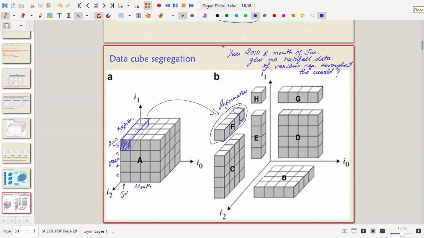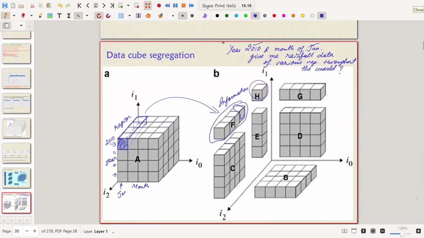Maybe you can say, which state do you want me to refer to? Palakkad. Okay. In Palakkad, what is the rainfall amount? So in the year 2010, in the month of January, this small tiny block will give you the idea.